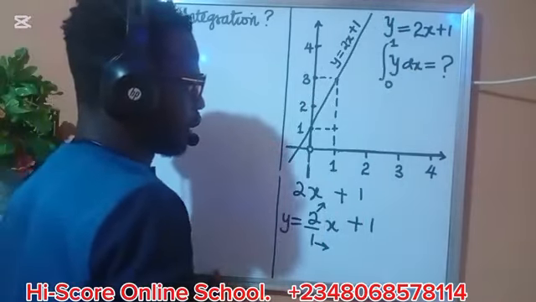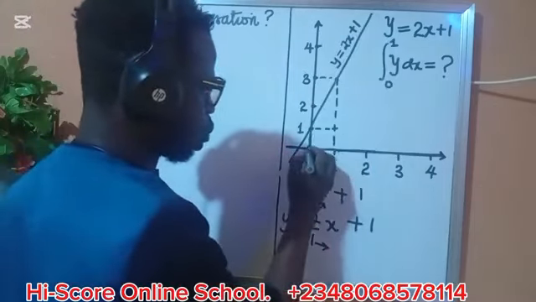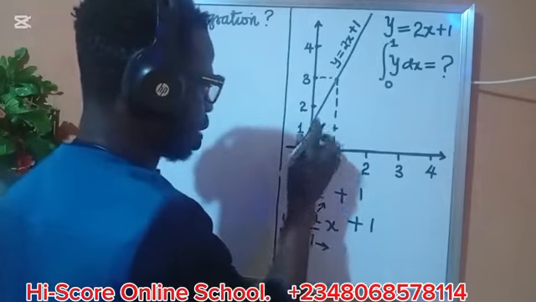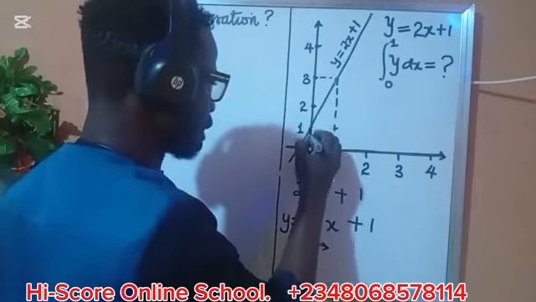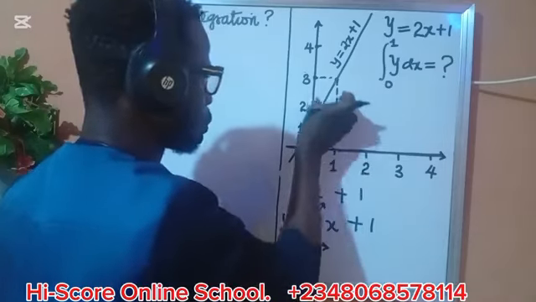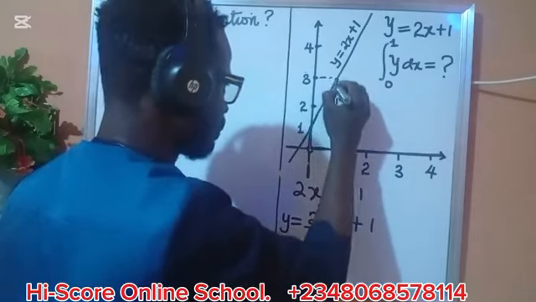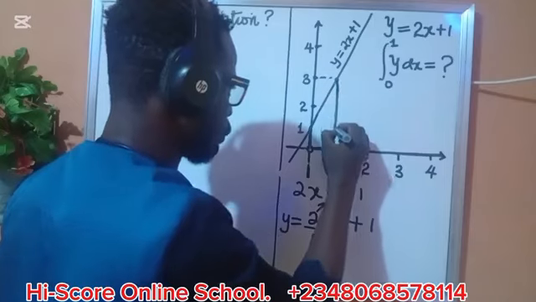Now this line runs this way. Between 0 and 1 means the area from here to here, the area bounded by this place. That is the integral of that function.